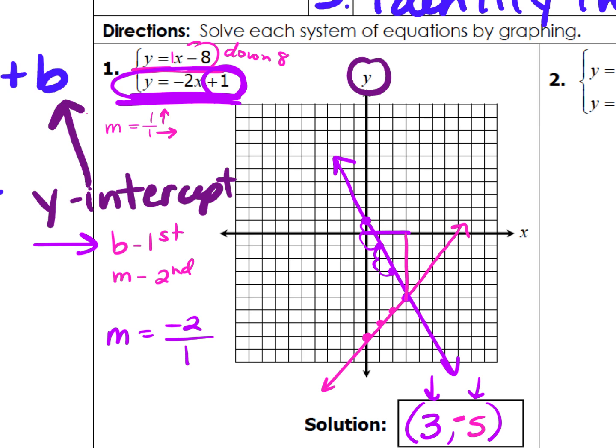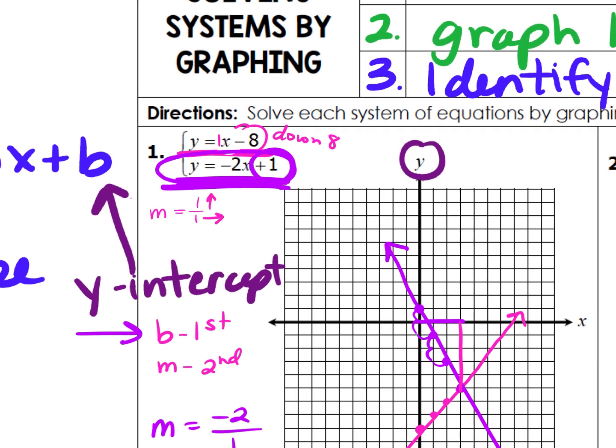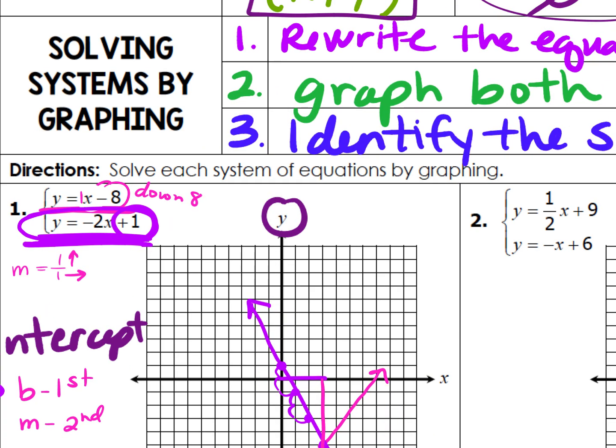So if I plug 3 in for x, it should equal negative 5 when I'm done. Let me show you. So from this equation, y equals 3 minus 8. So y is negative 5. When I plugged in 3, I got negative 5. That is the point, 3, negative 5. So it worked, okay? It should work for both of them.